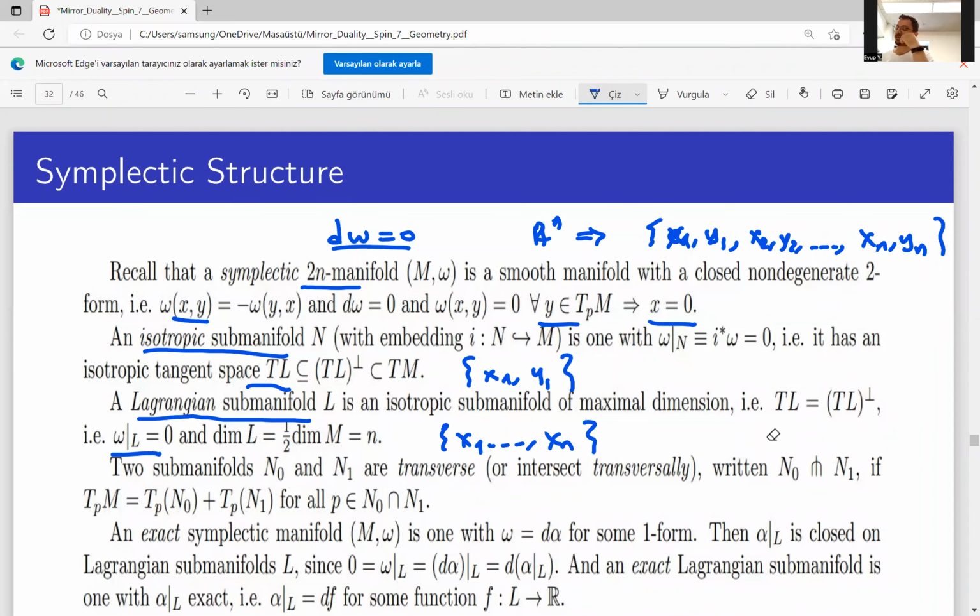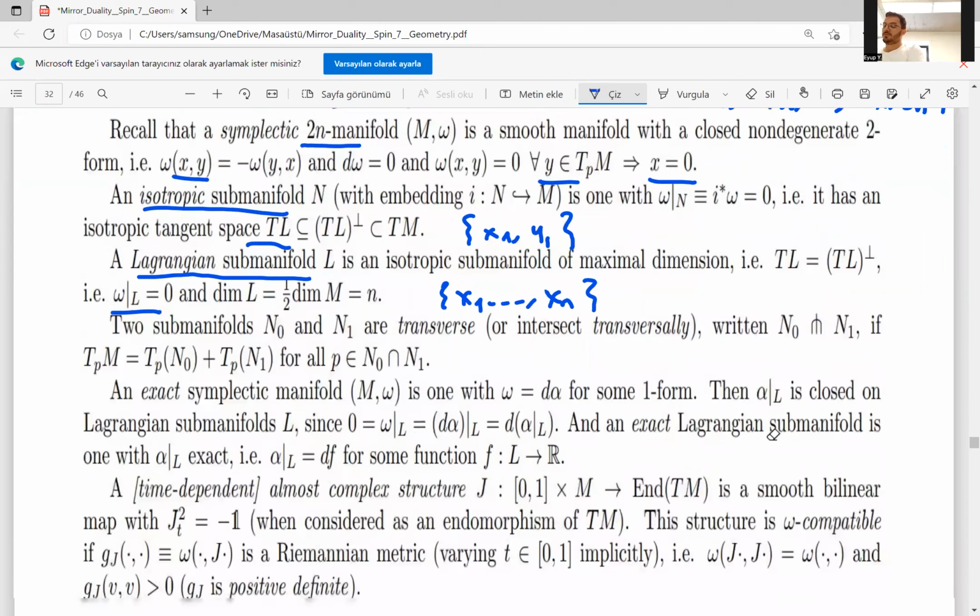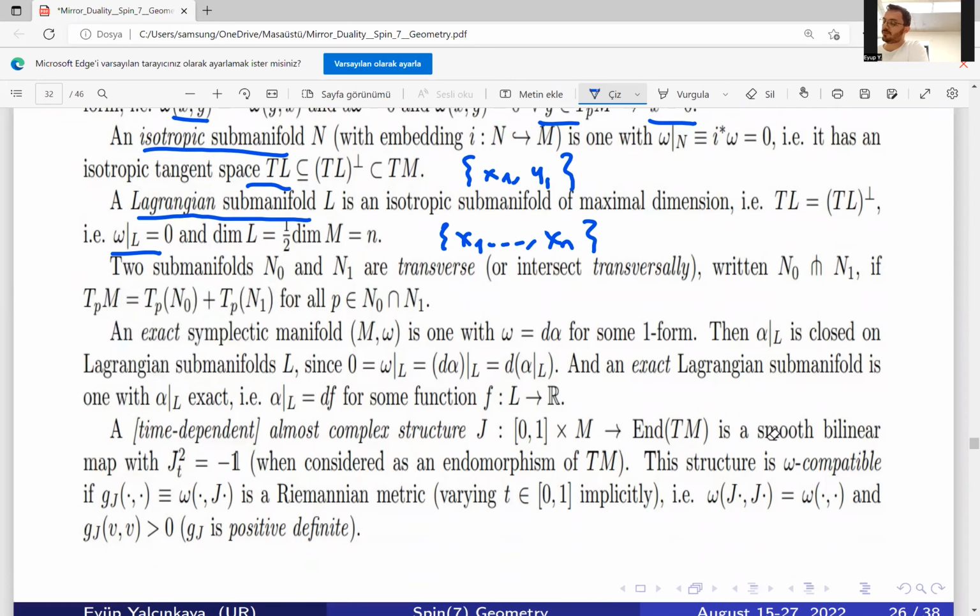And the Lagrangian submanifold actually has the largest dimension. Okay, and if the two submanifolds are transverse, this means that you didn't lose any dimension at the intersection. Here, this one and this one are living inside of the two-dimensional object. If you look at that, you have two different directions, they do not overlap.